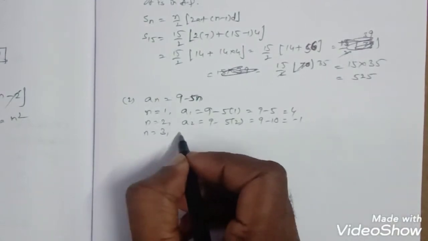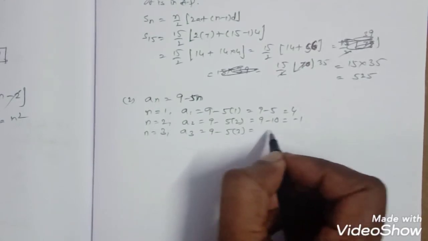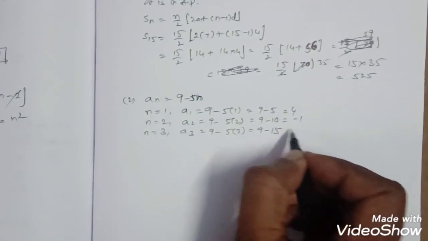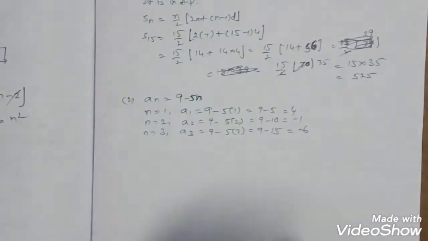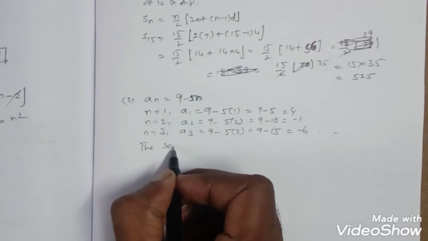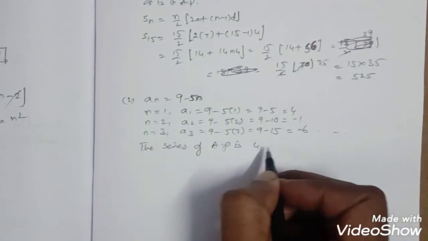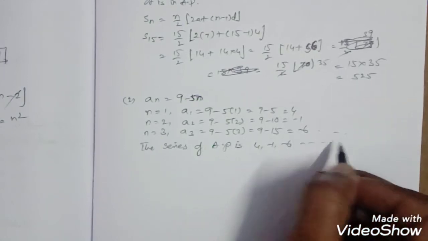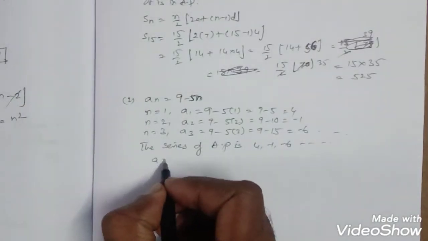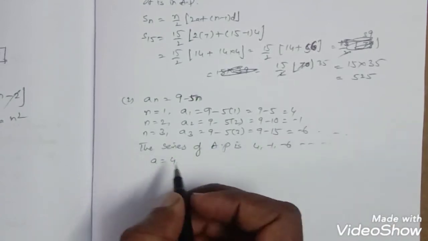Next n equal to 3, so a3 is equal to 9 minus 5 into 3 equal to 9 minus 15, which is nothing but minus 6, and so on, right? Now here the series of the arithmetic progression is 4, minus 1, minus 6 and so on. So here the a value is 4, and next we have to show whether this series is an arithmetic progression or not.